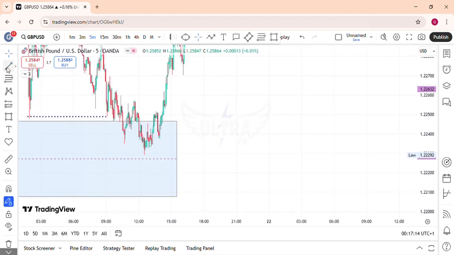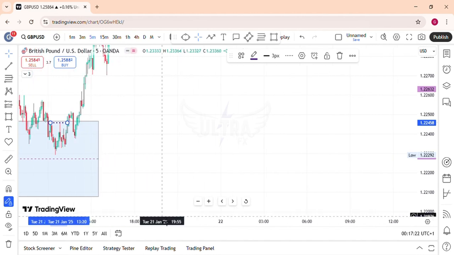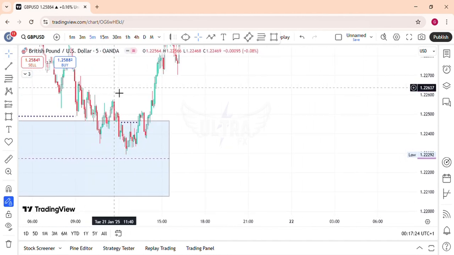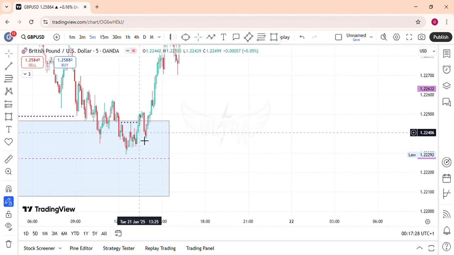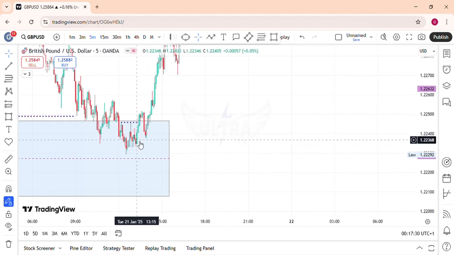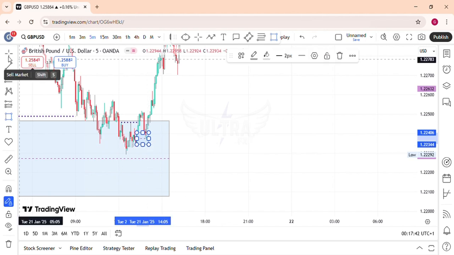You can see market closing above this previous high on the 5-minute time frame. So after market closing above the previous high right here, you see a PDRA, which is your fair value gap. Now let's highlight this fair value gap right here, and that is your entry.